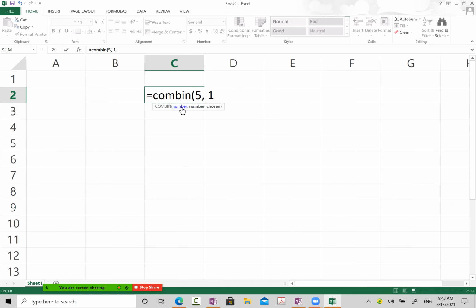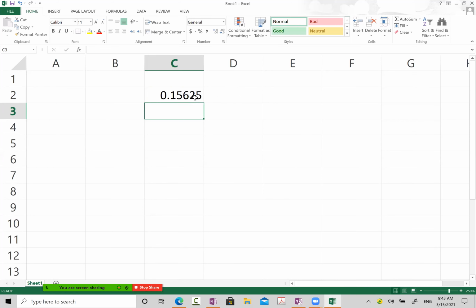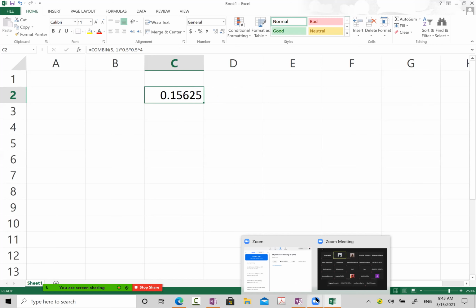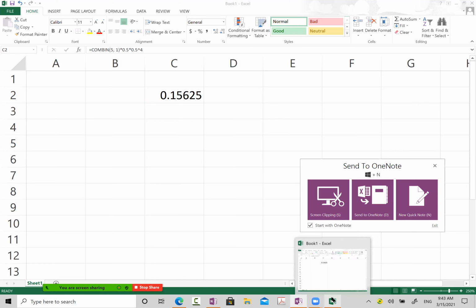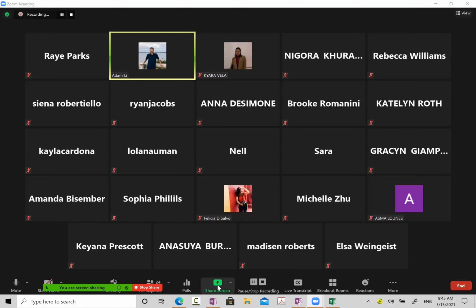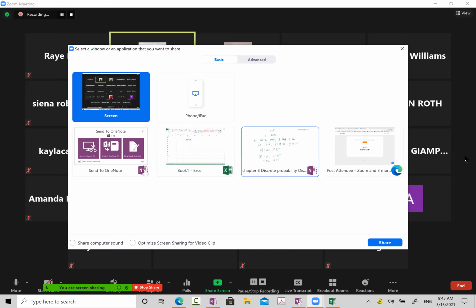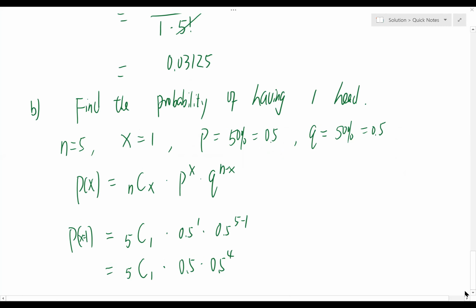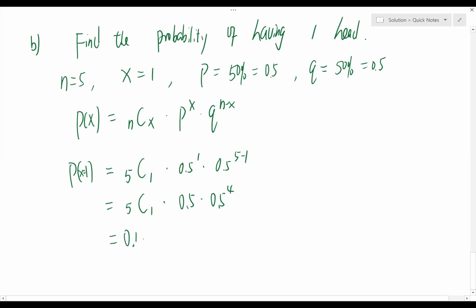Picking one head out of 5 trials. So we get a combination. And then you can multiply that by 0.5 to the first power times 0.5 to the fourth power. And that should give us a result right away. Okay, so it's 0.15625.